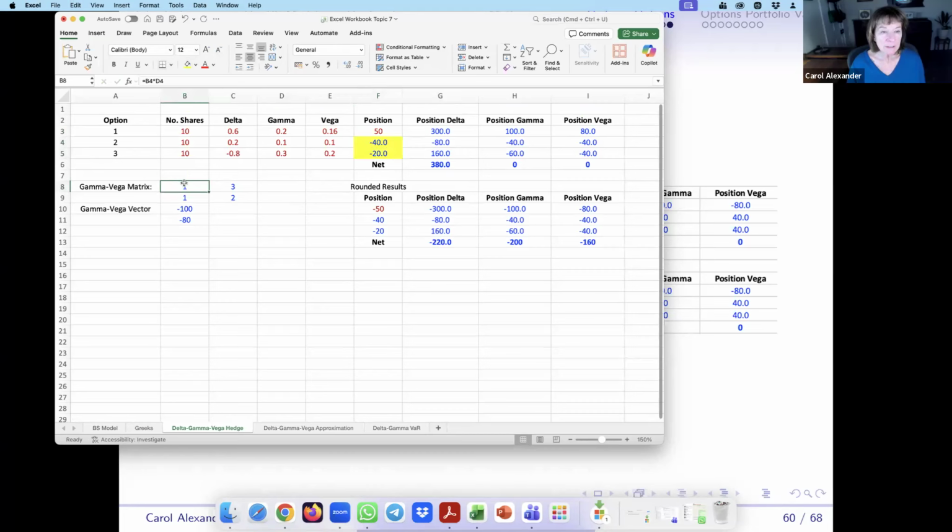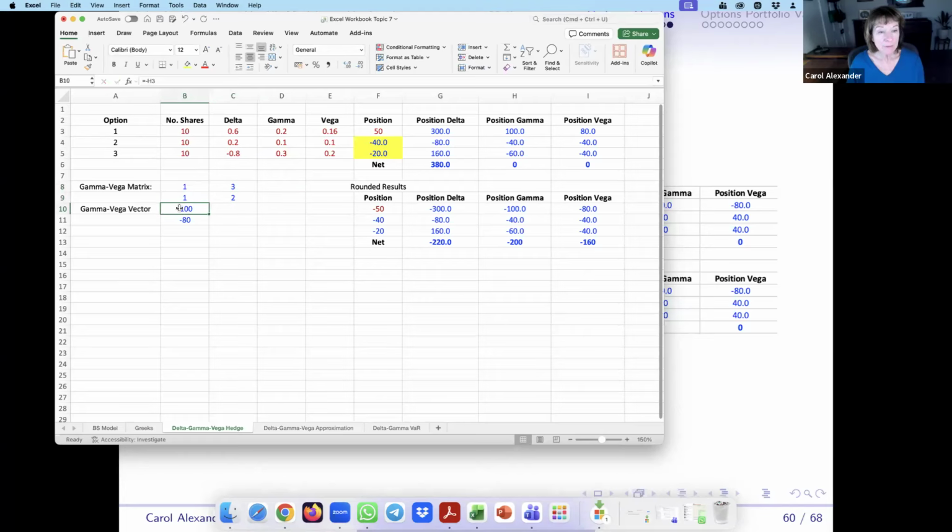What about this gamma vega matrix? Well, that's giving you the net position gamma for the two options. And here, that's the A matrix that we need to invert.